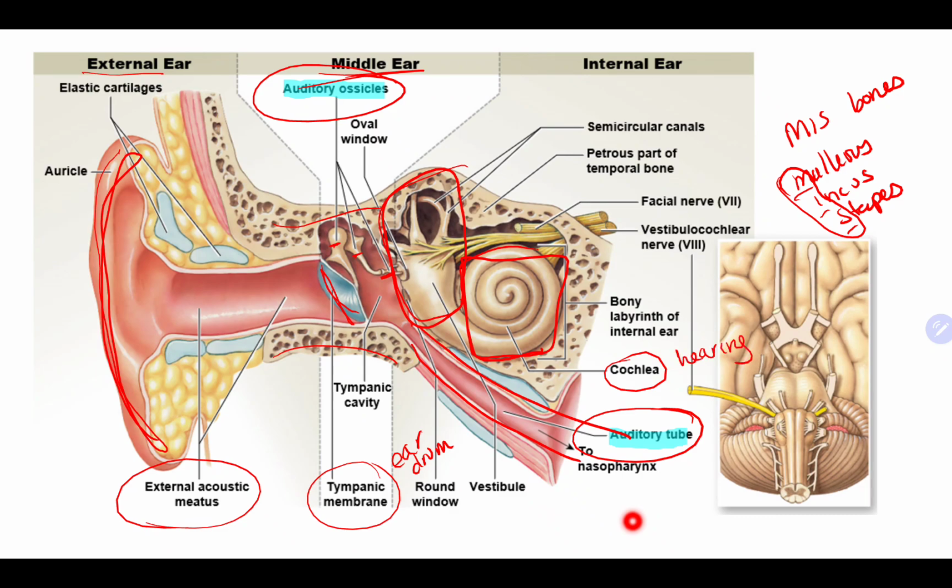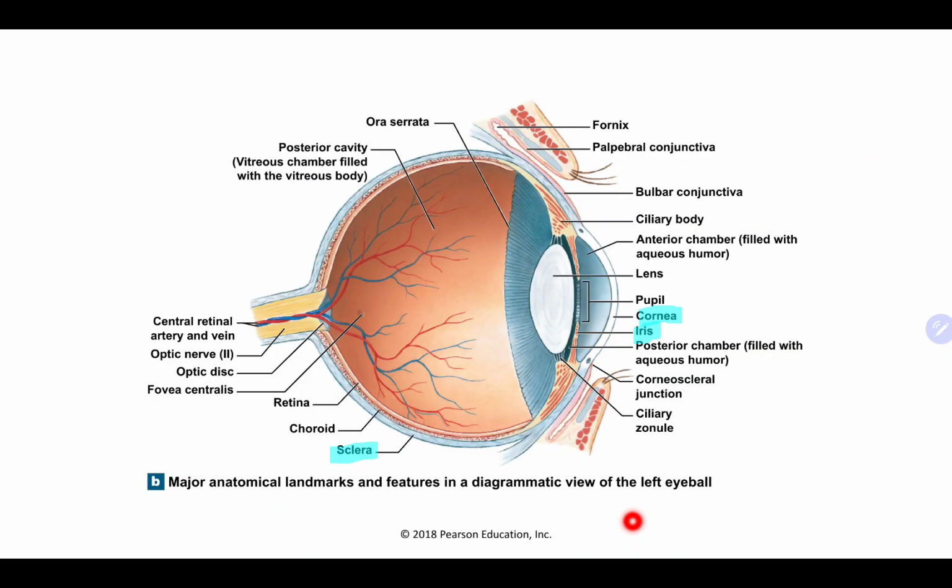And this is where you're going to have those hair cells. Those hair cells are going to be those sensory receptors in the inner ear, stimulating fluid.